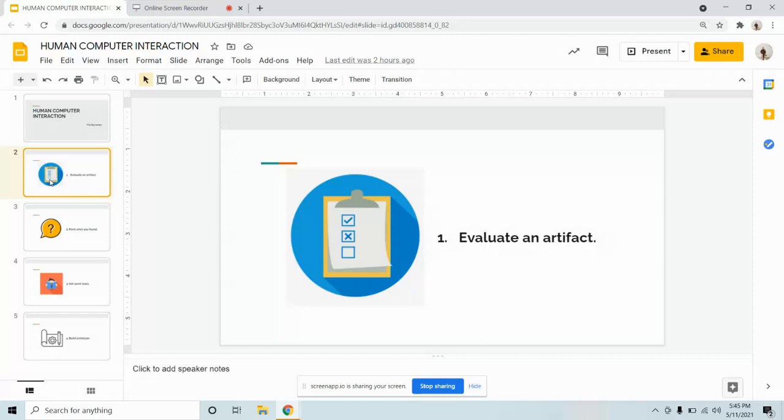With the selected artifact, I need you to play the role of an evaluator, and this is related to our previous lesson. As a reminder, evaluation is done either through expert analysis or user involvement. What you need to do for this artifact is play the role of an expert analyst.